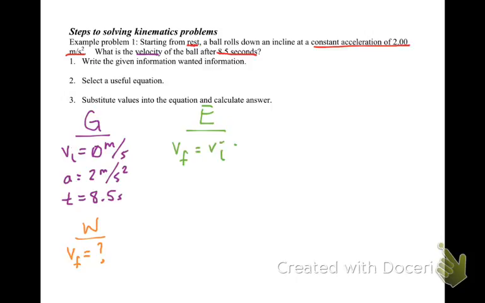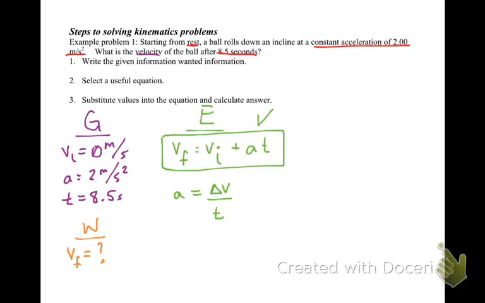You could use this equation, VF equals VI plus AT. Or you could use our acceleration equation. In my opinion, because they want us to solve for our final velocity, this one makes a little more sense to use. I would use that one, but it doesn't really matter, since they're the same equation, just rearranged.